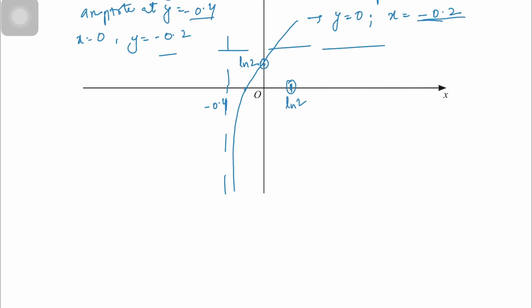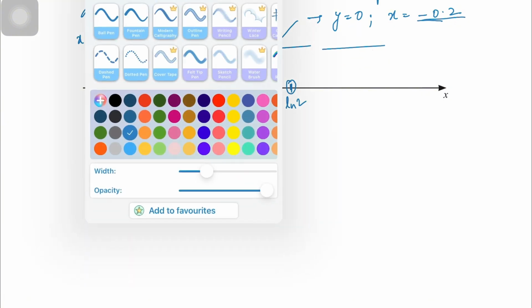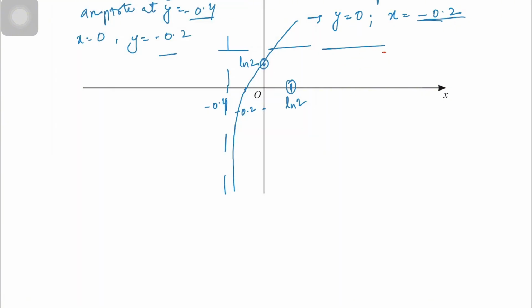And our x would be 0 and y equals negative 0.2. So let's just assume this is negative 0.2. So this would be drawn as something like this. Let's just use a different pen. So this would be something like this.